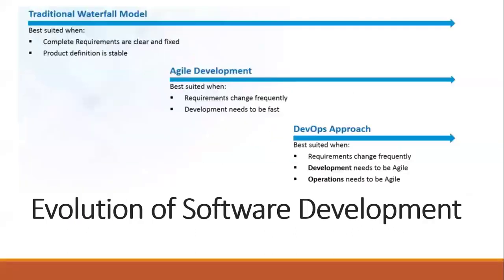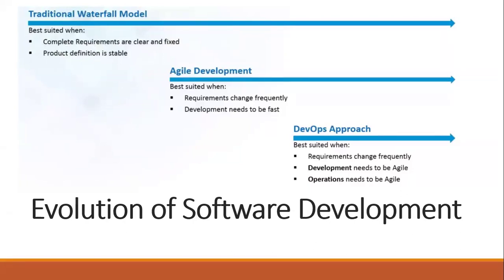Now let us discuss the traditional waterfall model. In the waterfall model, we have a complete SDLC process. What is the drawback of SDLC, especially in the waterfall model? First of all, the first step should be completed, then only are we able to move to the next step.